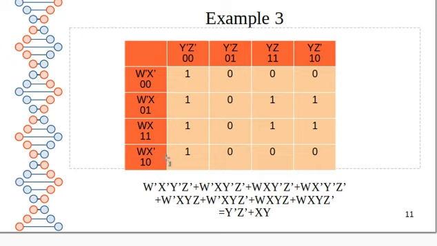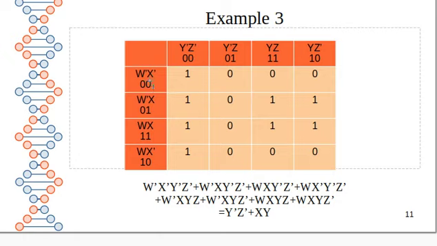Now we can pair the values. We can take 4 values at a time, that may be in a column, in a row, or in a square. We will take as many as possible, but it will be in 2 to the power n form, means 2, 4, then 8, or then 16. Now in this square, these 4 values, we can see that y bar and z bar are not changed.